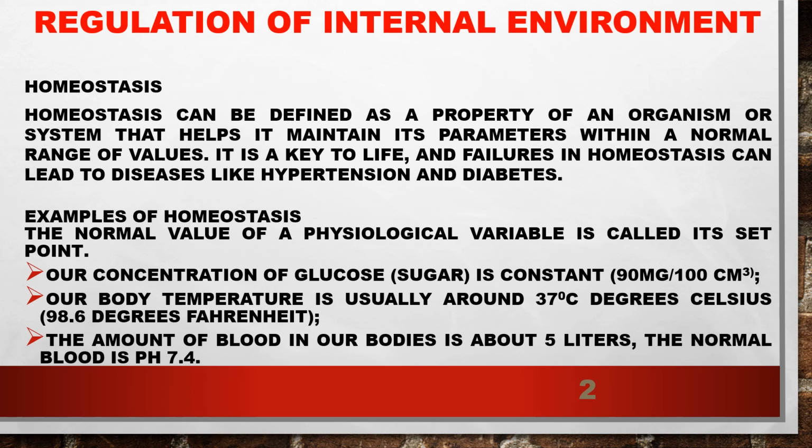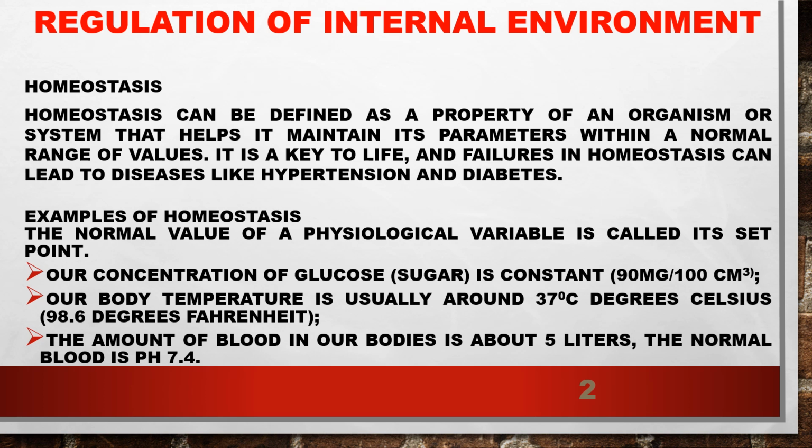Like now in a body of healthy adult person, he requires 90 mg per 100 centimeter cube blood glucose. So if this level rises above 90 mg per 100 centimeter cube, there will be a problem. Or if it falls below 90 mg per 100 centimeter cube, there is also a problem.